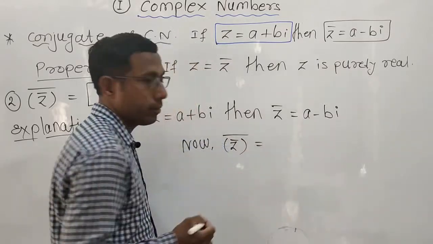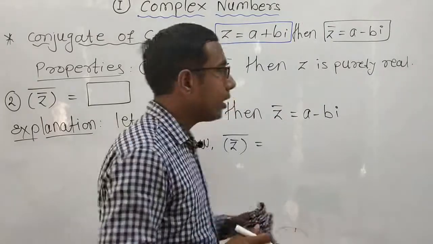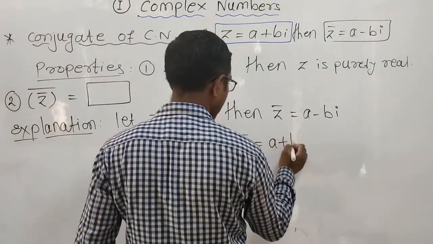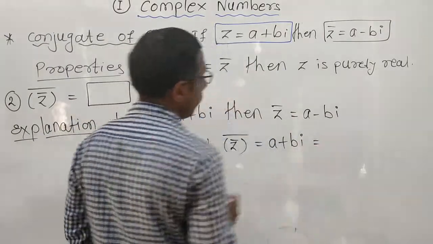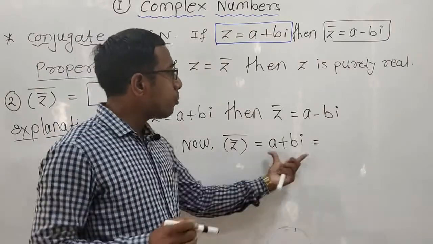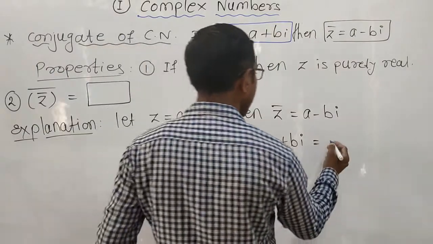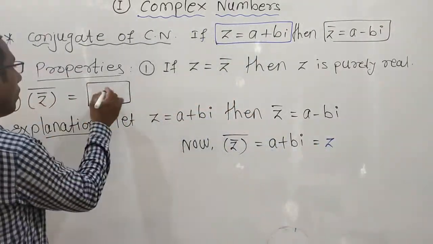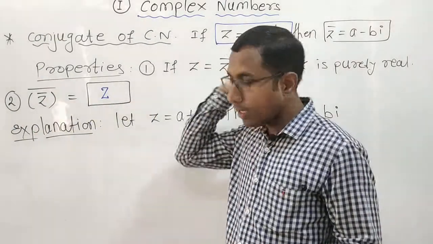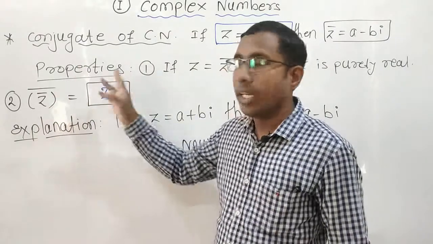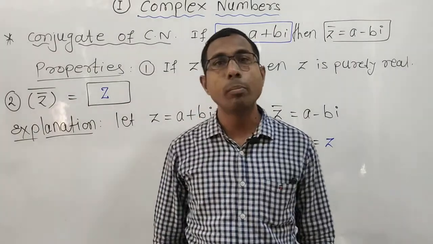Conjugate of this z bar: we change the sign of its imaginary part, so minus changes to plus again, so a plus ib is equal to... Now what is a plus ib? It is z. Therefore this is z. From this it is clear that the conjugate of the conjugate is the original complex number.